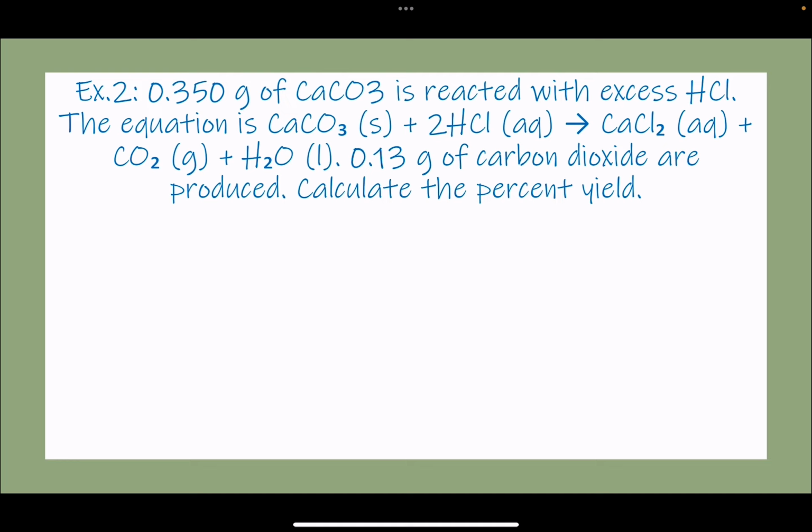In order to calculate percent yield, we need to know both the theoretical yield and the actual yield. The actual yield is 0.13 grams of carbon dioxide, so we just need the theoretical yield.